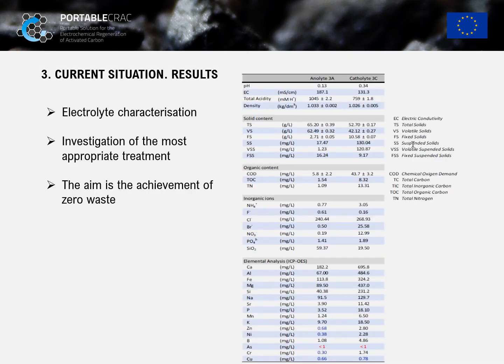The liquid waste generated, electrolyte plus contaminants, was characterized in order to study the most suitable treatment for either discharging it to the sewer or reusing it. This work is being carried out by the University of Vigo. Looking at the table, it can be seen that overall the organic and inorganic concentrations are rather low.